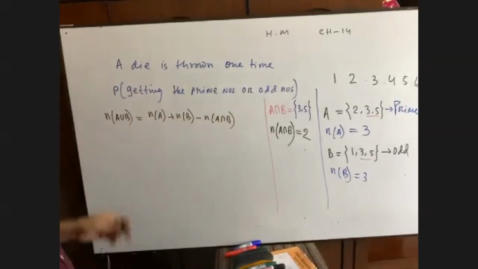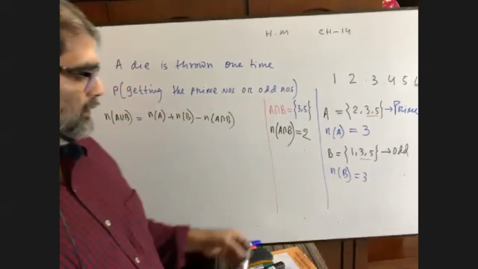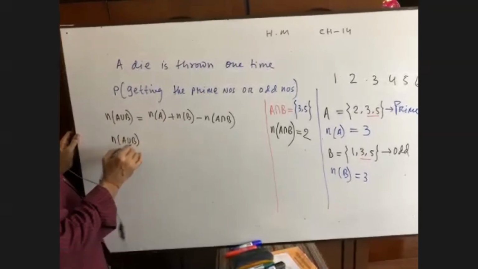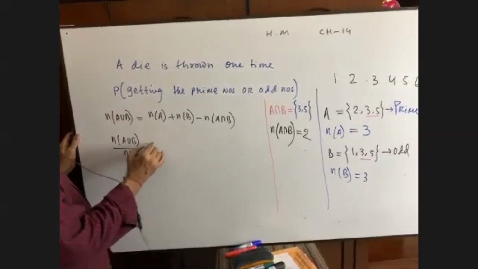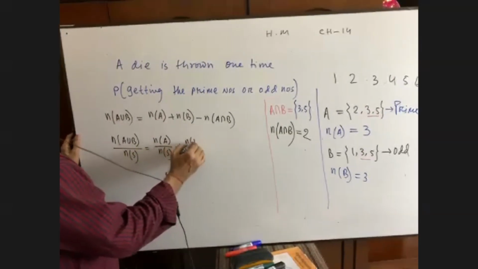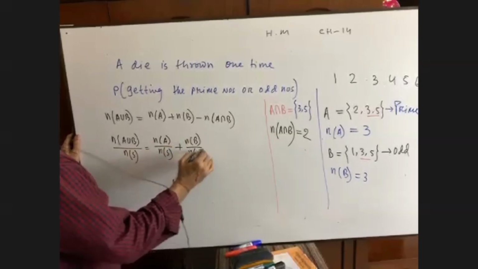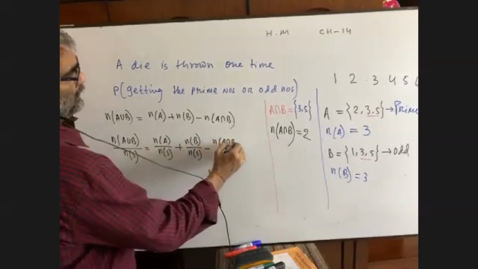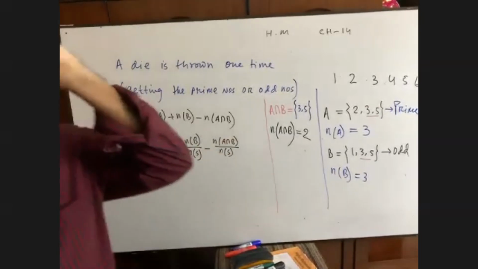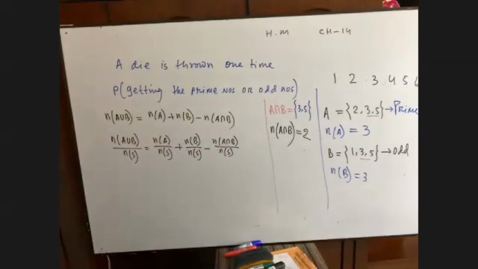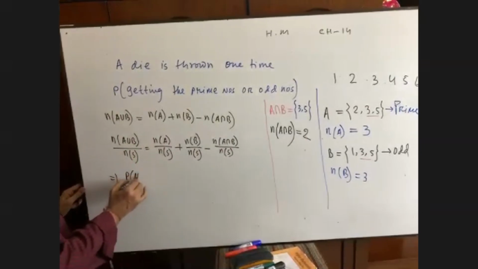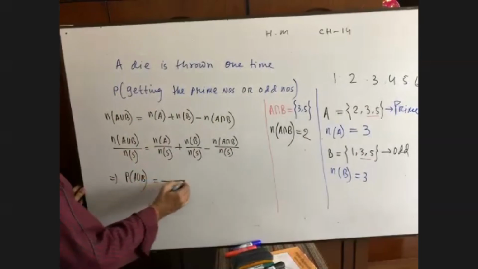Right? Is it okay to all? Now you see, n of A union B by n of S is equal to n of A by n of S plus n of B by n of S minus n of A intersection B by n of S. It is meant by P of A union B. What is n of A? 3.